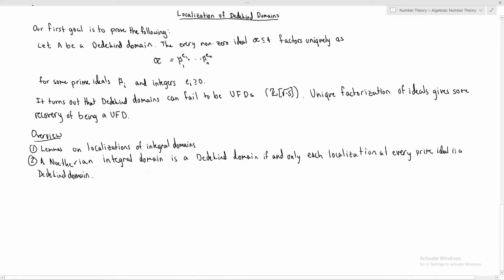So essentially what this second condition says is, if I've got an integral domain which I already know is Noetherian, to check it's a Dedekind domain, I just have to check locally, at every prime ideal.